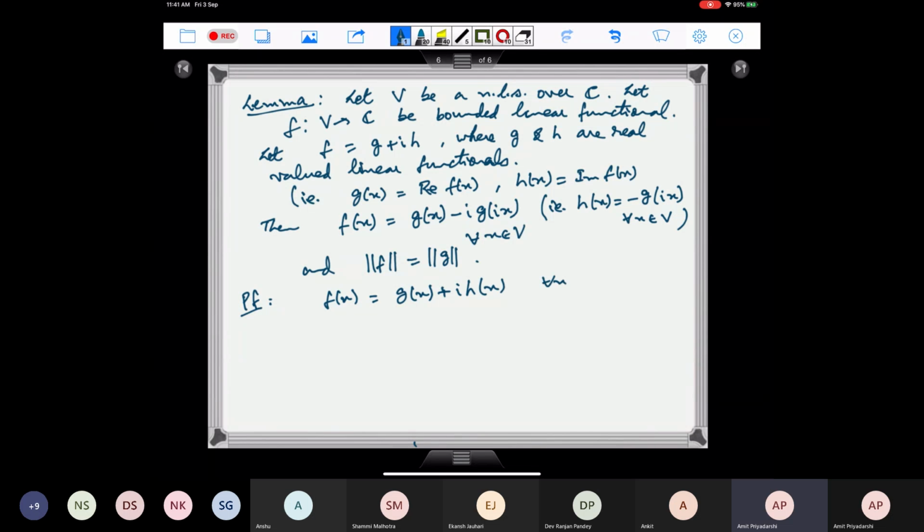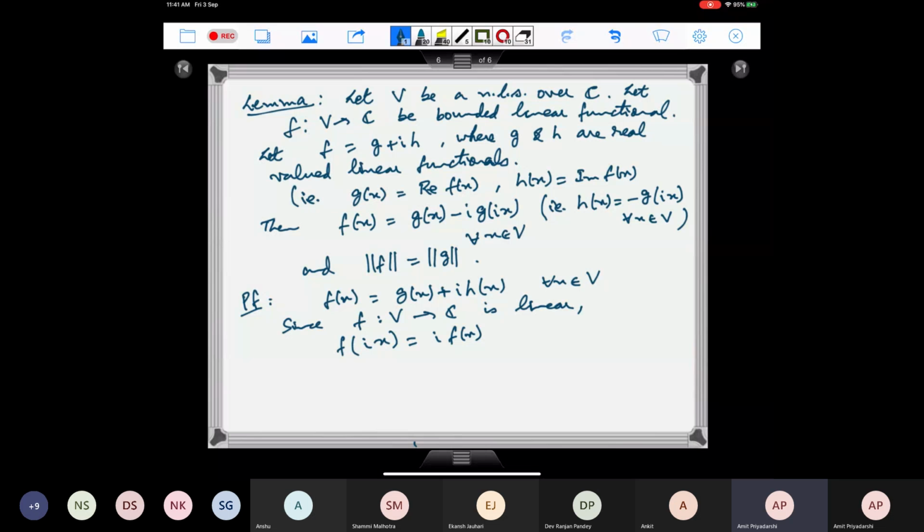This is true for all x in V. Now, since f is a linear map from V to C, suppose I write f of iota times x, this will be equal to iota times f of x.